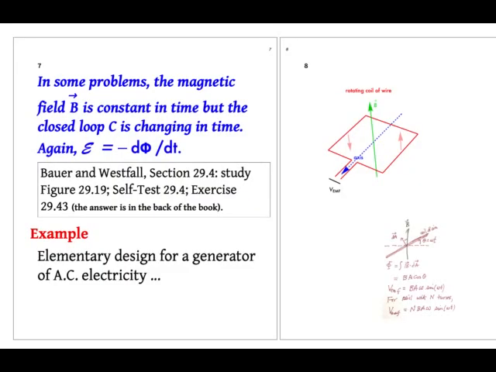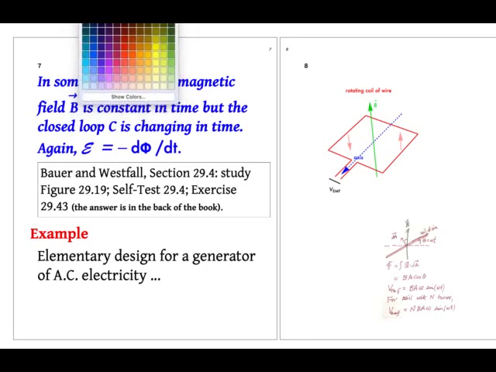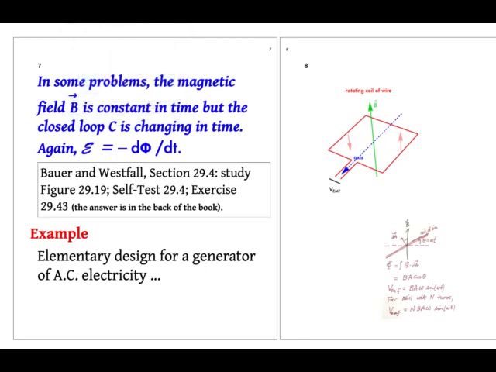I've considered two examples where the magnetic field changes in time. But in some problems, the magnetic field is constant in time, but the closed loop that I'm considering is changing in time.